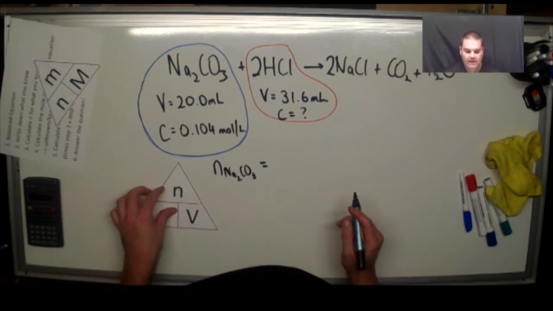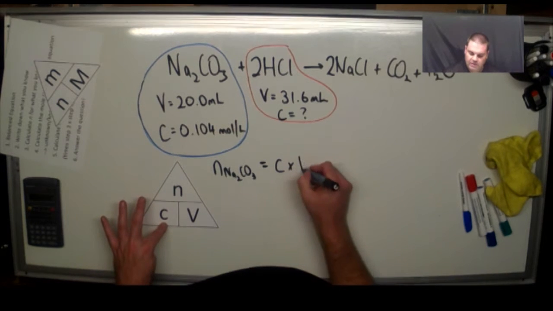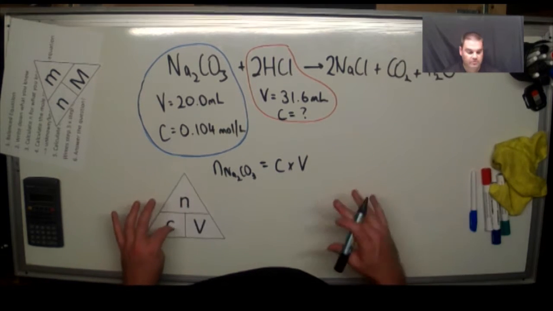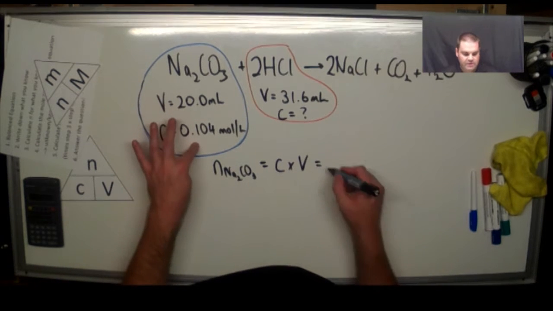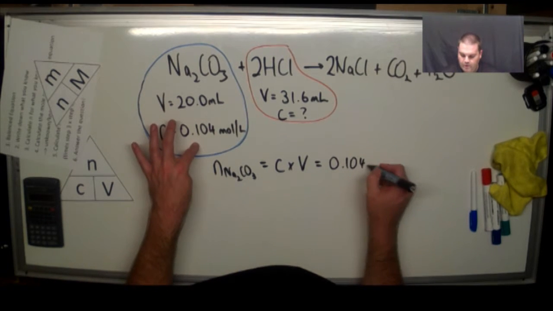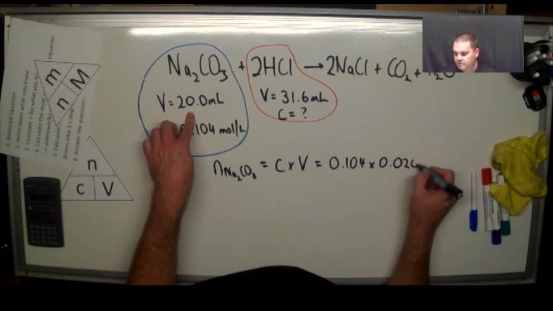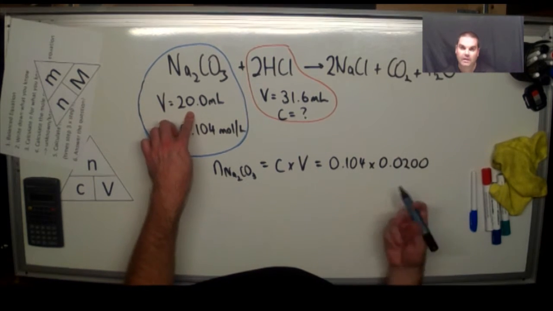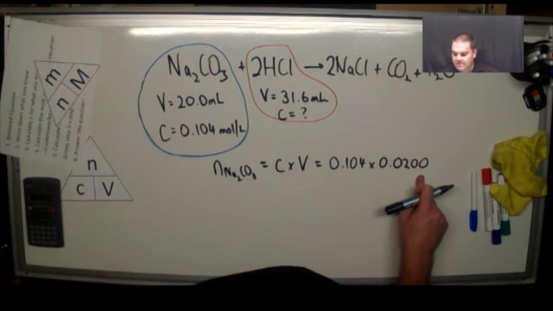Using our little triangle here, number of moles is concentration times volume. That's why it's good to keep those little triangles nearby so you can remember. So our concentration up here is 0.104 and our volume is 0.0200. Notice I've already done the conversion from milliliters to liters.